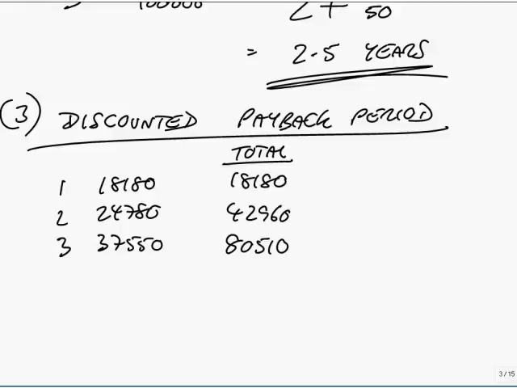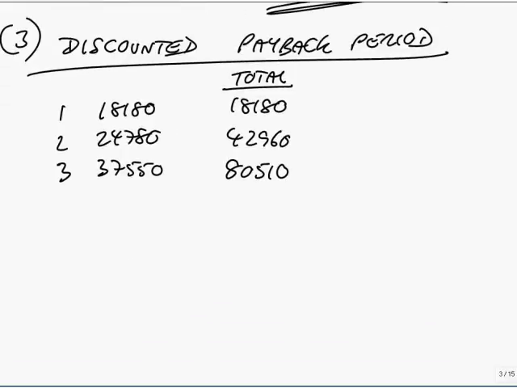After 3 years 80, which is enough, so it's clearly between 2 and 3 years. How many is it going to be? 2 years plus. Well, how much do we need? After 2 years you've had 42,960. To get 75,000, the extra we need is what?